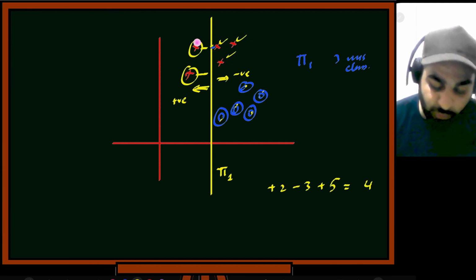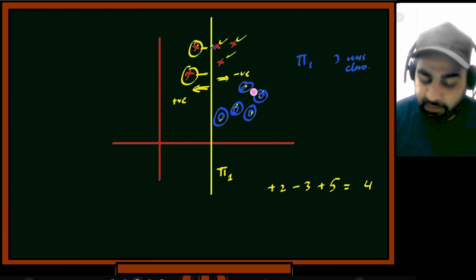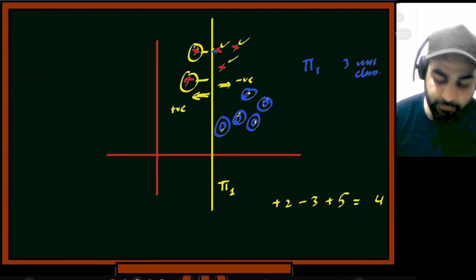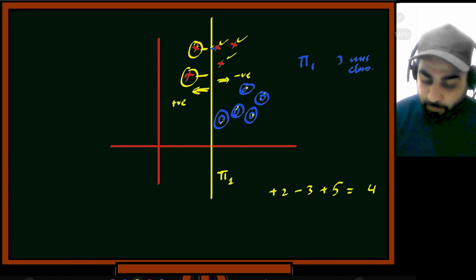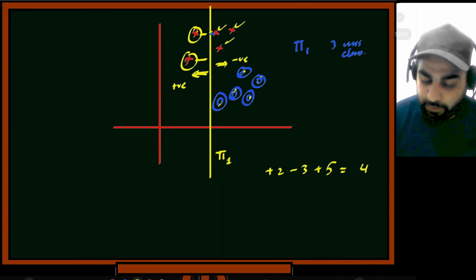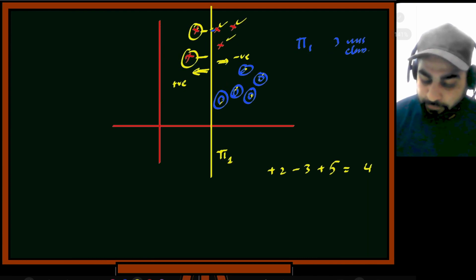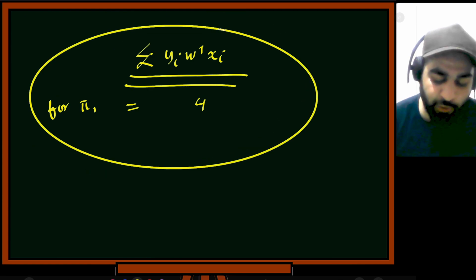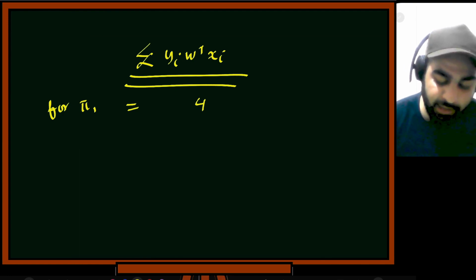So we have +2 for these 2 points, -3 for these 3, and +5 for these. And then if you sum up using this equation, you'll basically get this yi W transpose xi.